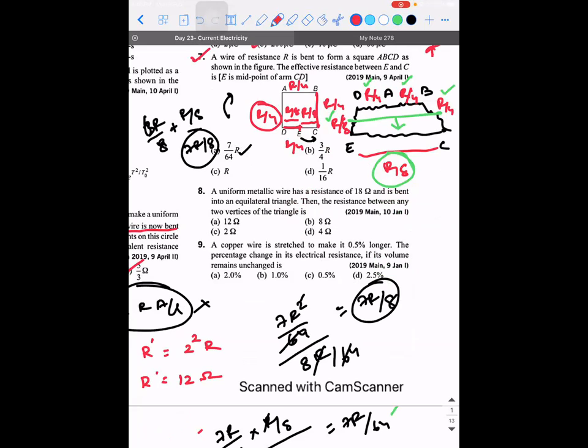Okay. Similarly, let's do the 8th one. There is a uniform metallic wire that has a resistance of 18 ohm and is bent into an equilateral triangle. Then the resistance between the two vertices of the triangle is?